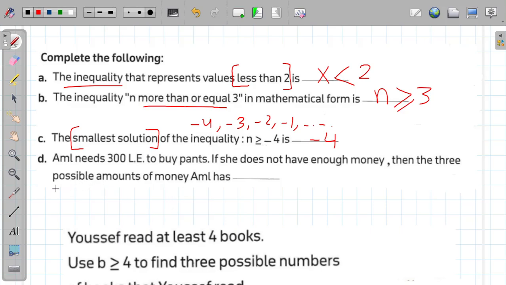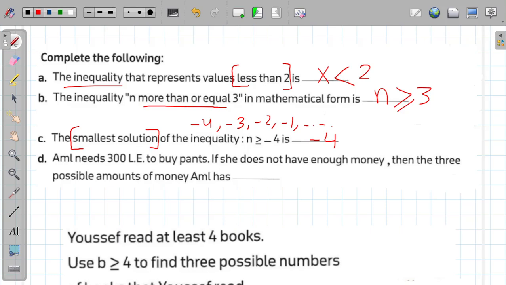Okay, next it says Amal needs 300 pounds to pay for pants. If she does not have enough money, then what are three possible amounts of money Amal has? Okay, I want three possible amounts of money that Amal has. Okay, Amal needs 300 pounds, but she does not have enough money.